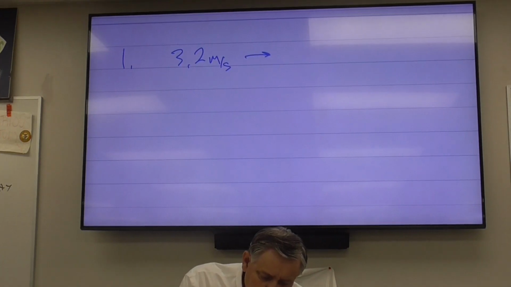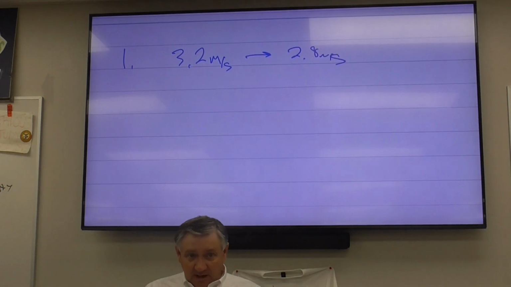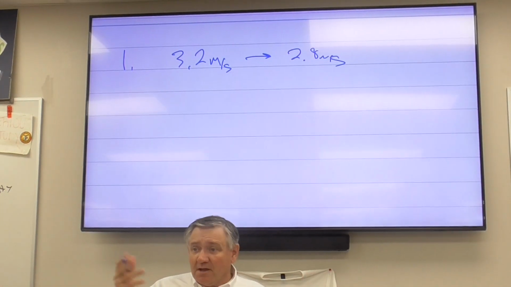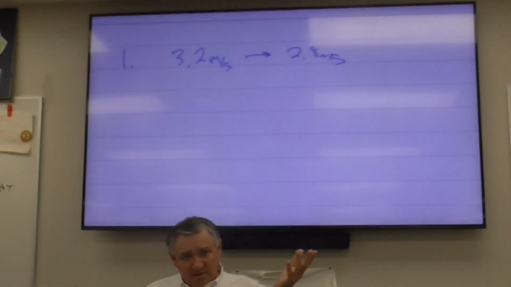So what they're saying on problem number 1 is that you're moving at 3 meters per second with an uncertainty of plus or minus 0.2 meters per second. In other words, that velocity could be somewhere between 3.2 meters per second all the way down to 2.8 meters per second. Somewhere in that gap. We don't know exactly what it is. We're pretty confident it's somewhere in this gap. We're going to call it 3, but in reality it might be 3.2, it might be 2.8, because there's some uncertainty in that measurement.